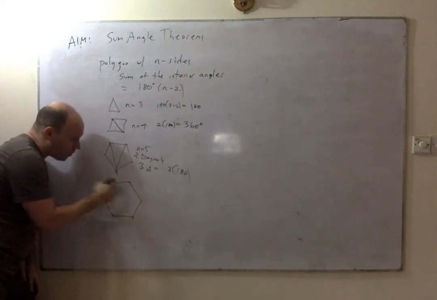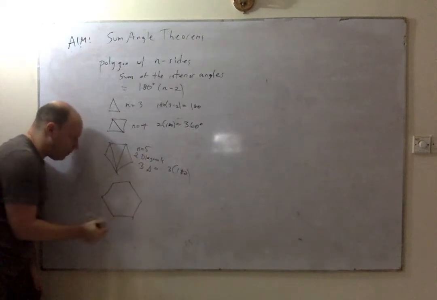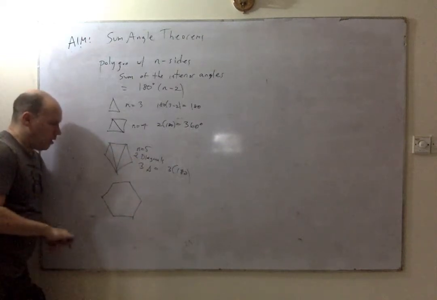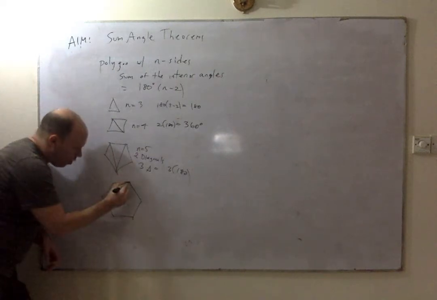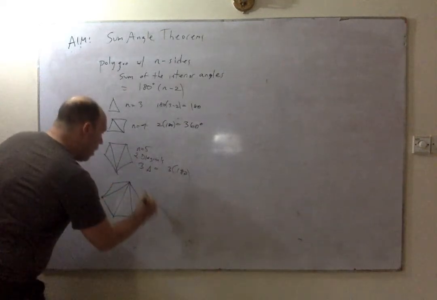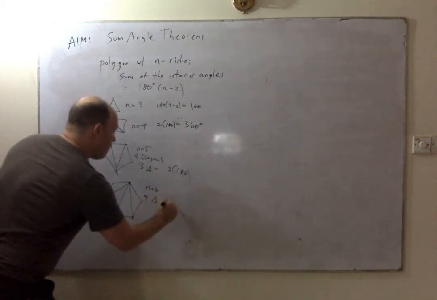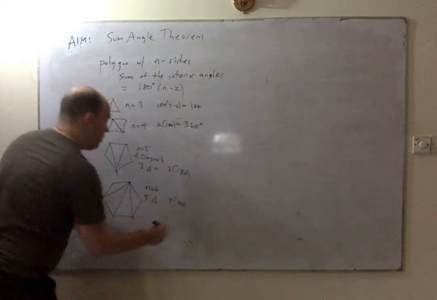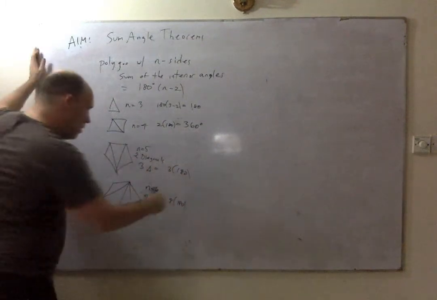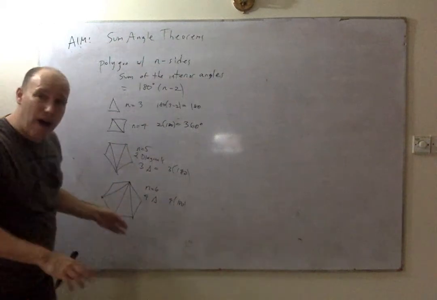Well, I can't draw them to the ones next to it, so I can draw 1, 2, 3, which creates 4 triangles. So for n sides, 4 triangles, that is 4 times 180, and that gives us the sum of the angles of a hexagon.